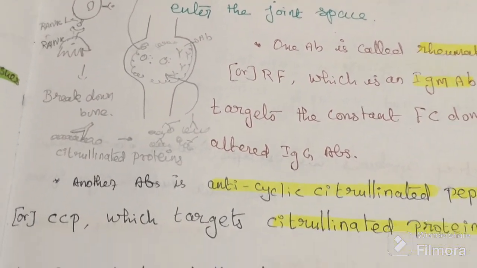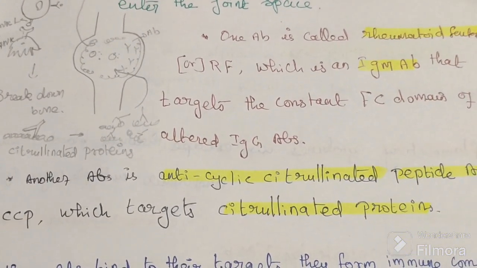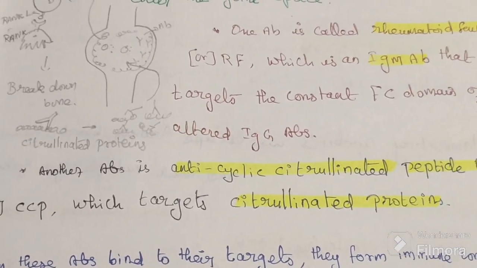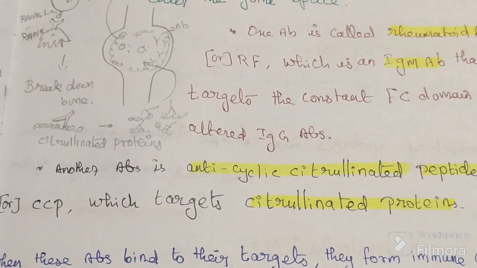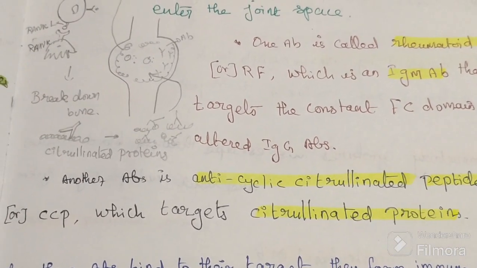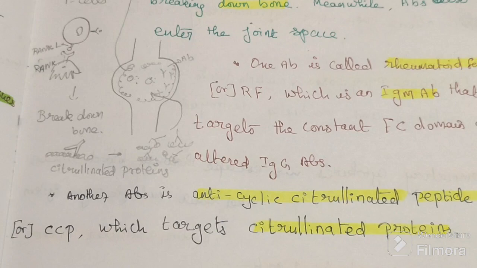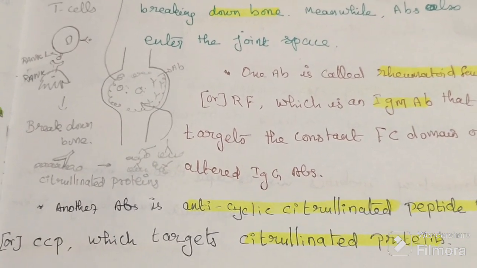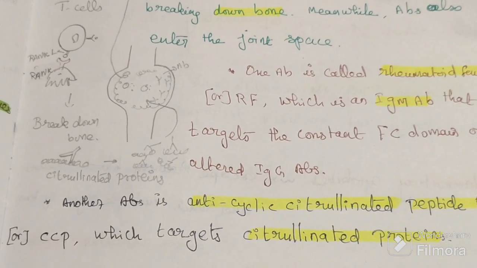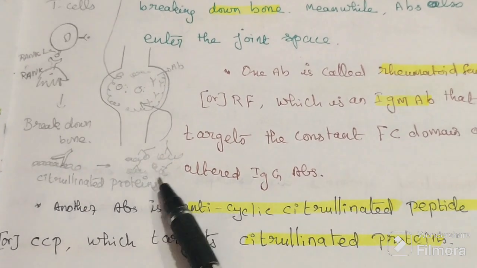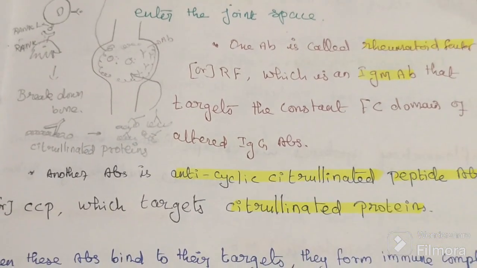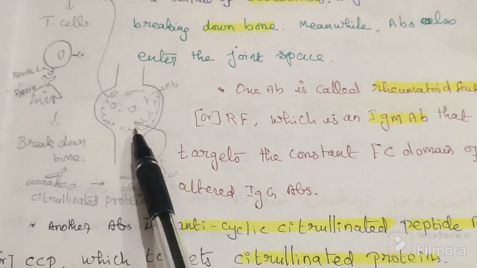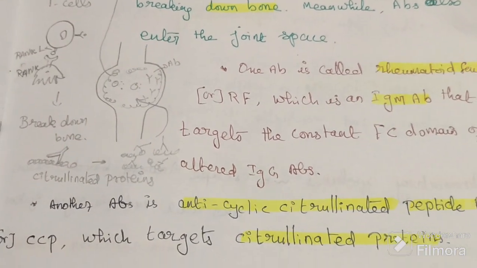Another antibody is anti-cyclic citrullinated peptide antibody, or anti-CCP, which targets citrullinated proteins. When these antibodies bind to their targets, they form immune complexes, which accumulate in the synovial fluid.